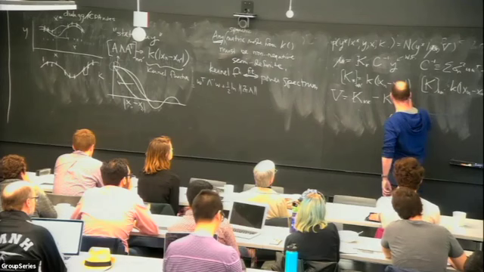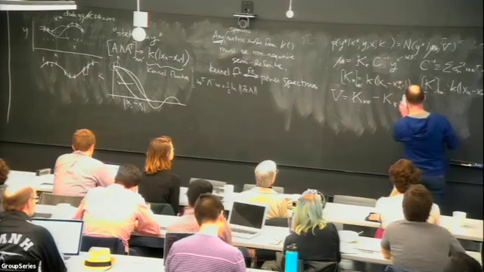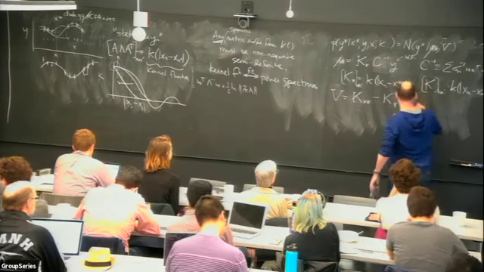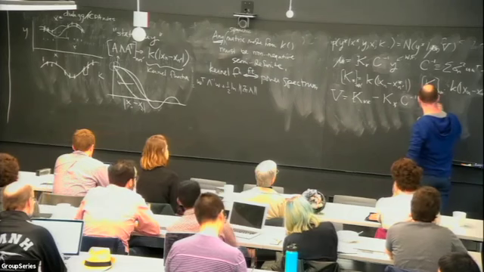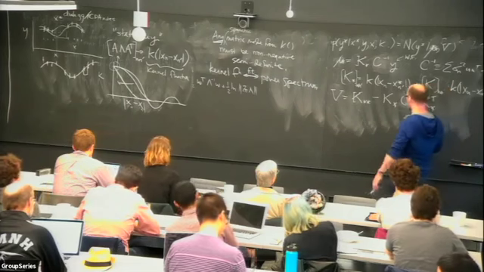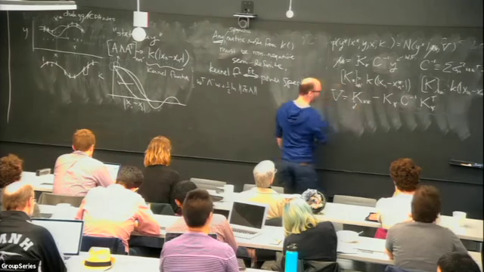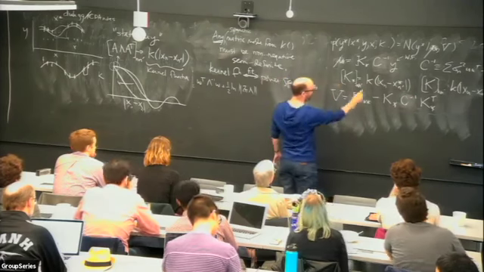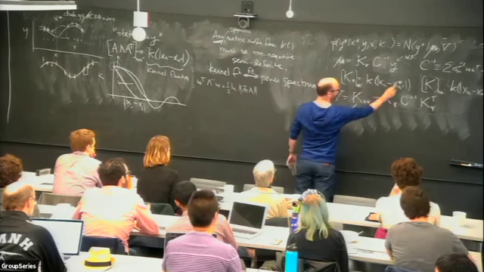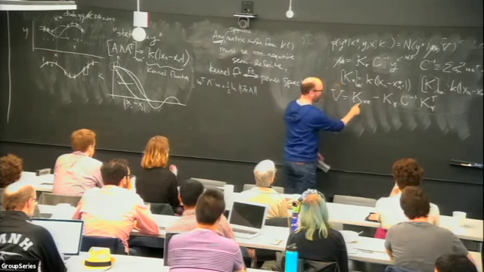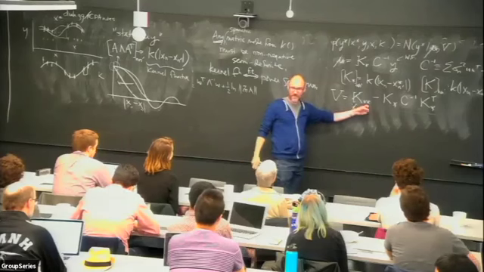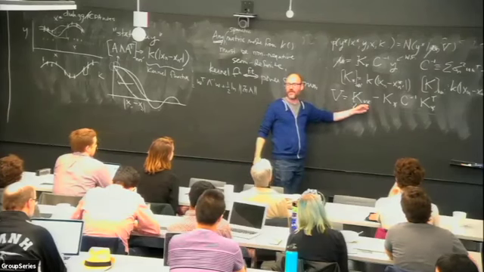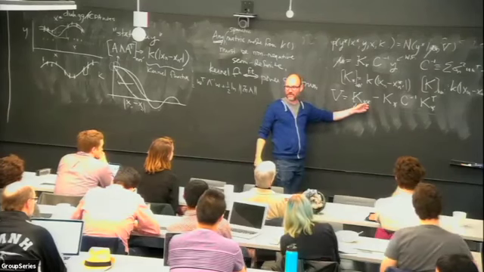K star C inverse K star transpose. Oops, sorry. What's this? This object is the kernel function between the starred points. So this thing is the covariance matrix for the star points.